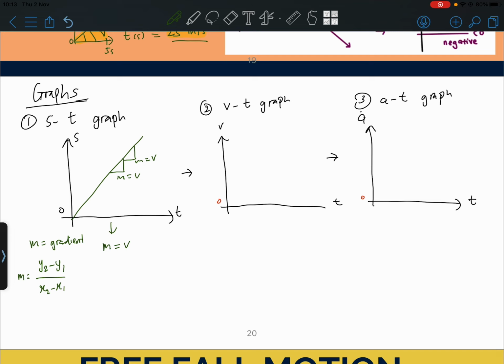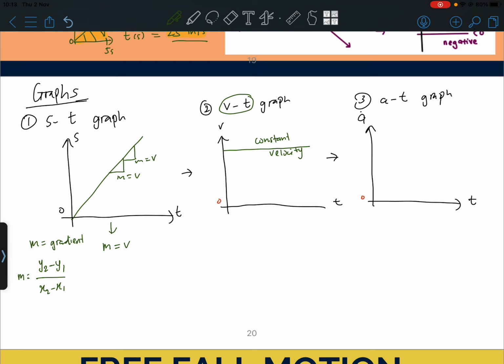So we can plot into the VT graph, and it becomes a constant velocity. It will be like this. So does the object not move? No. It is still moving, but at a constant rate, or at a constant velocity.